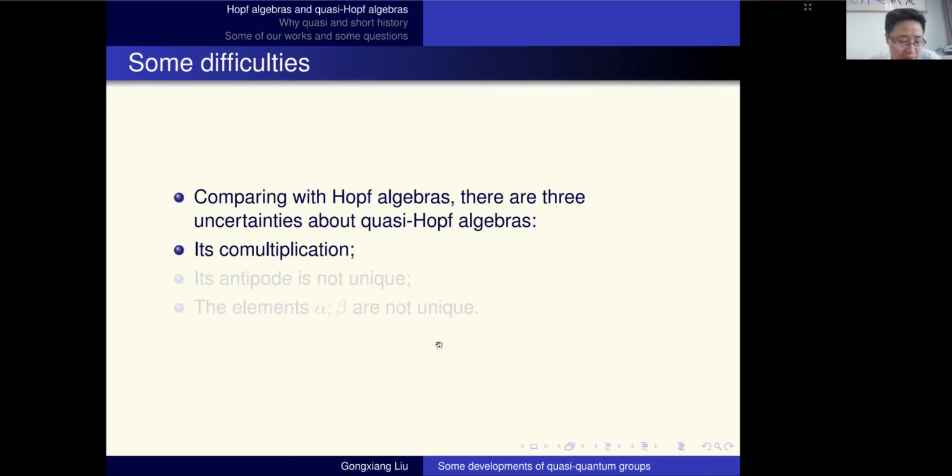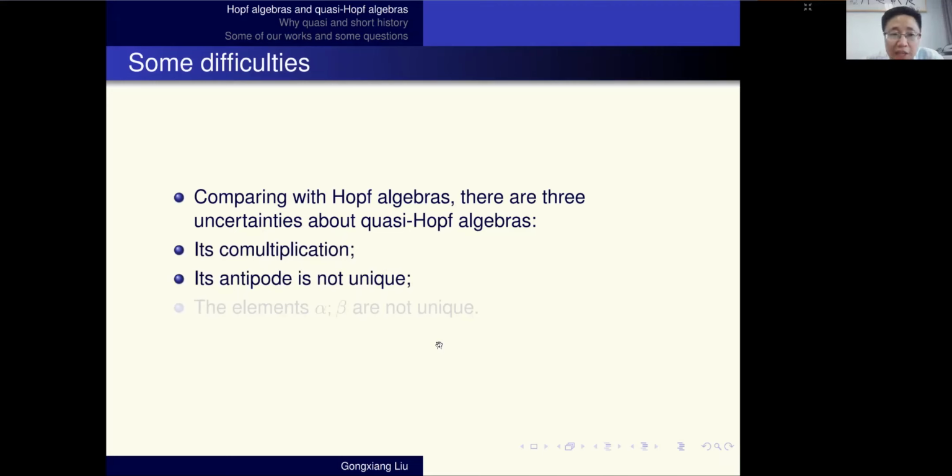In the definition of gauge equivalence, you can find we always change the coproduct up to a conjugation of an invertible element. So that's the reason the co-multiplication is not so unique. If you fix the co-multiplication, then you can find the antipode is still not unique. We have many antipodes, even if you fix the co-multiplication.